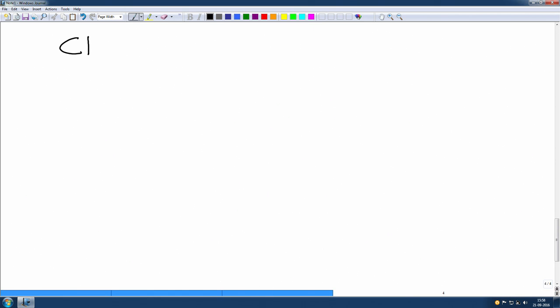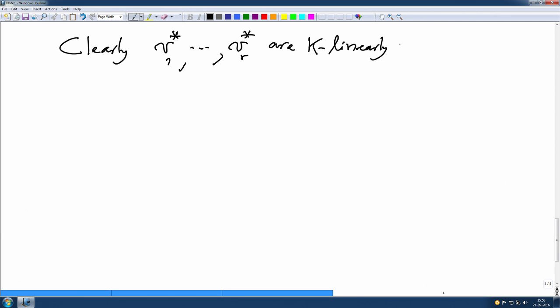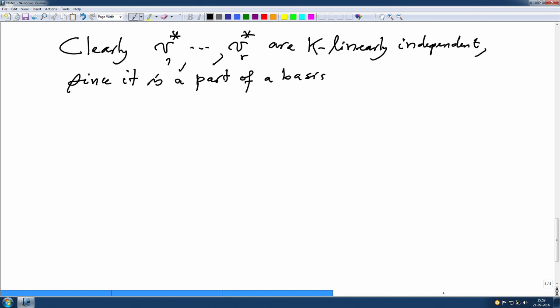Clearly V1 star to VR star are K linearly independent, since it is a part of a basis. A basis is linearly independent and therefore a part is linearly independent.